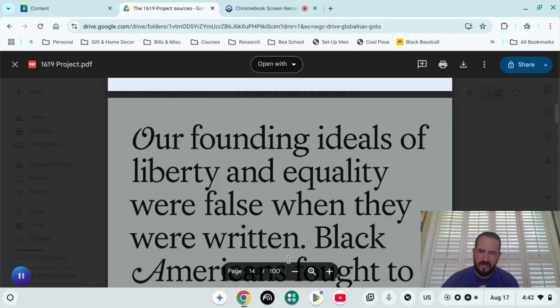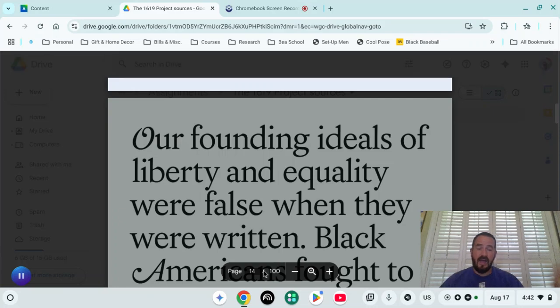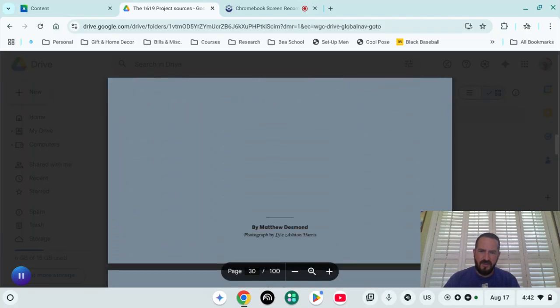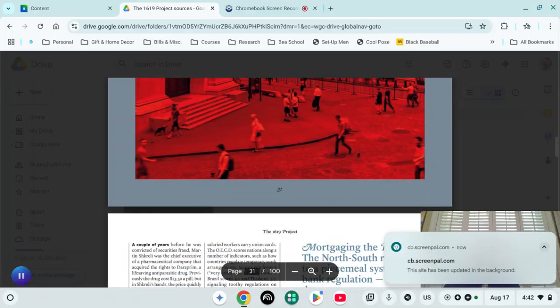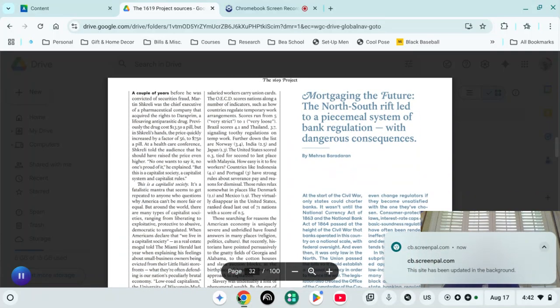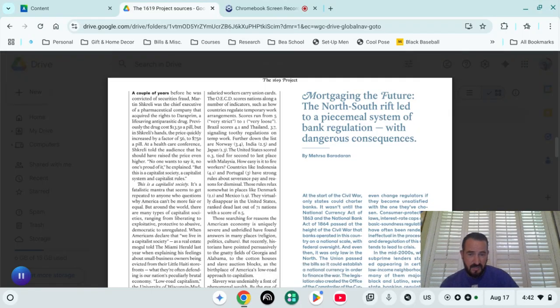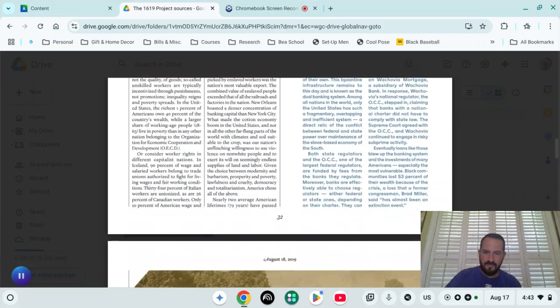Now, as you can see here, it's 100 pages in all. I'm not asking you to read all 100 pages. I'm just asking you to read 2 or 3 of the essays. So, for instance, on page 30, you have the beginning of an essay on how slavery impacted and continues to impact the economic system in this country, and how even today the economic inequality that our country has is very much linked to the history of slavery.